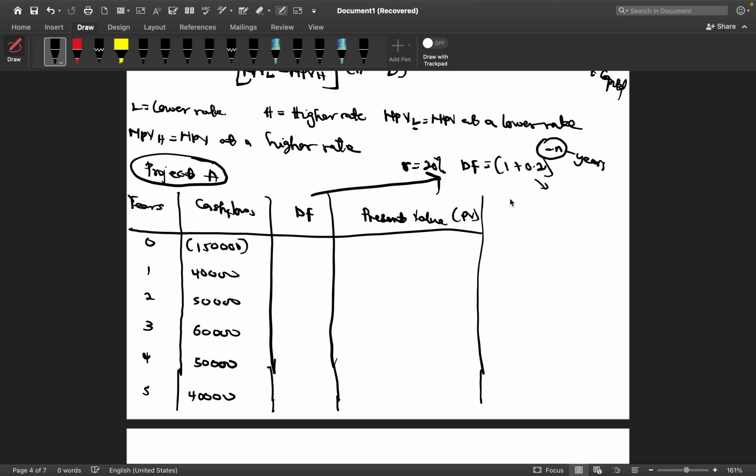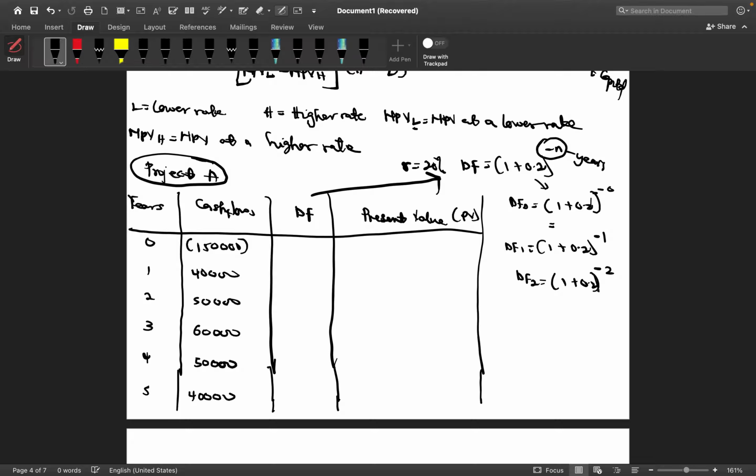So let's say the first one, discount factor at year 0, it's 1 plus 0.2 to the minus 0. If you want discount factor at year 1, it means 1 plus 0.2 to the minus 1. If you want discount factor at year 2, it means 1 plus 0.2 to the minus 2.